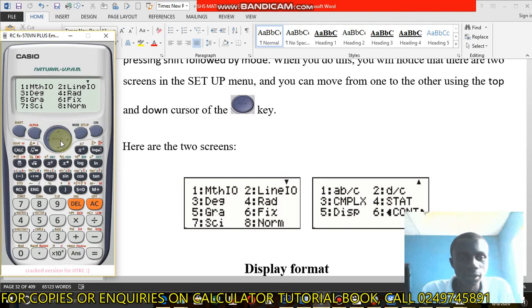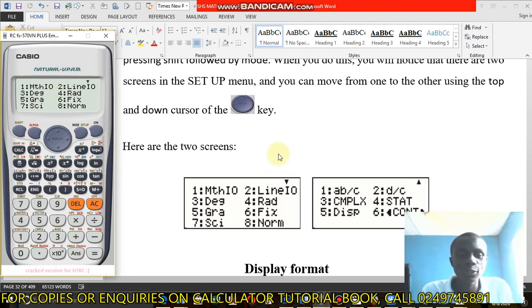Now, number 2 is Line IO, which is how the calculator presents on the screen, as we used to know from the MS scientific calculator.